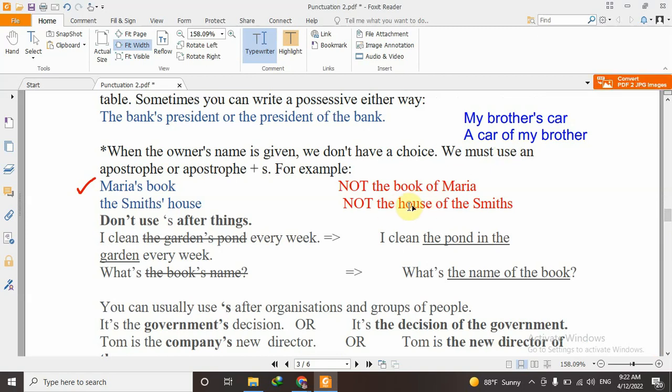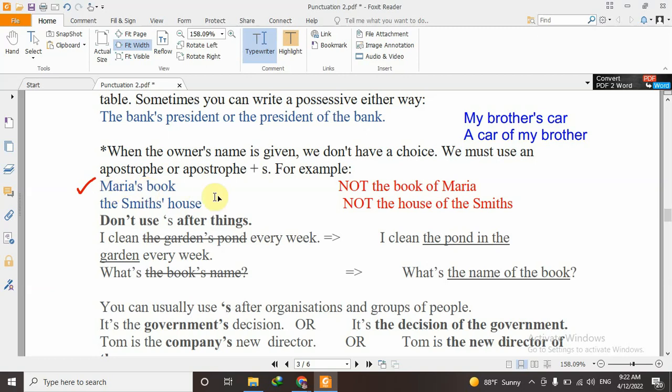For example, we can say the women's book, or the book of the women. But if I mention the name of that woman, now in this case I have to use the apostrophe and the possessive s. Okay.